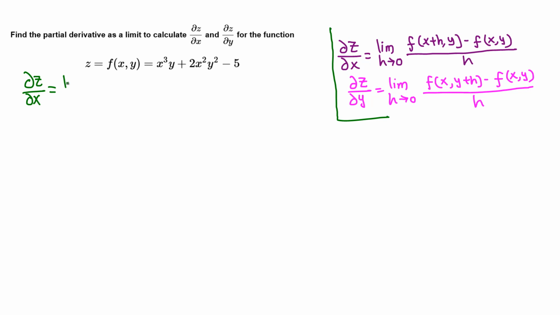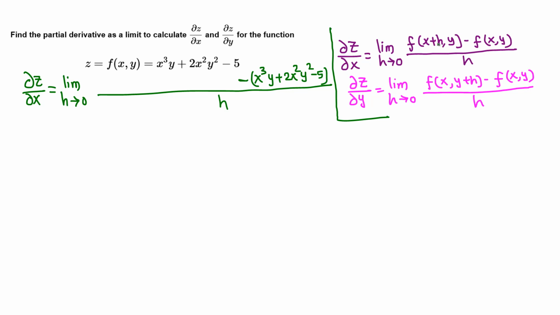From the definition we get limit h tends to 0 and h on the bottom. On the top we have a negative sign in the middle, and f(x,y), which is given here, x cubed y plus 2x squared y squared minus 5, and we need to distribute this negative 1 in a moment.